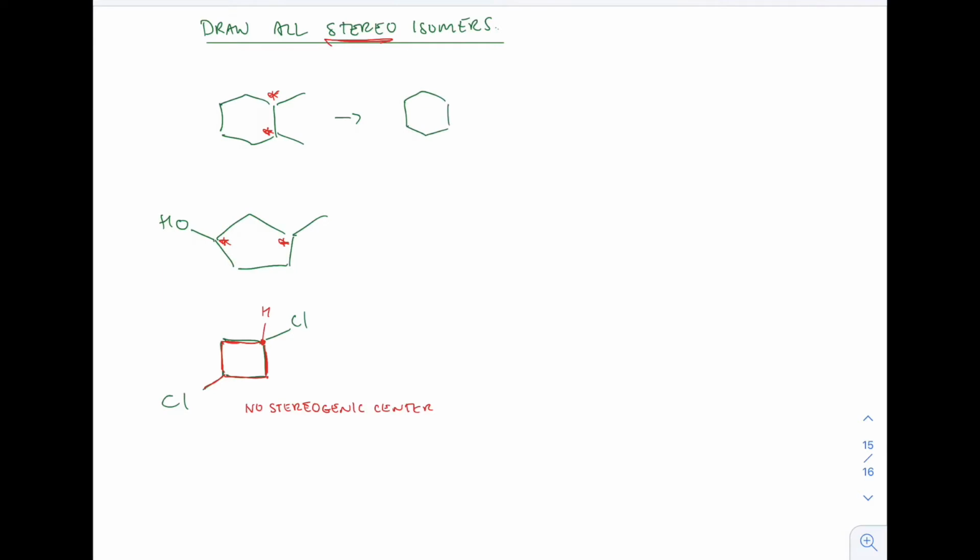Looking at the top one, redraw each of these compounds with the wedges and the dashes, and basically switch out the stereogenic centers for wedges and dashes and try all your combinations. Also remember that your equation is 2 to the n, where n is the number of stereogenic centers.